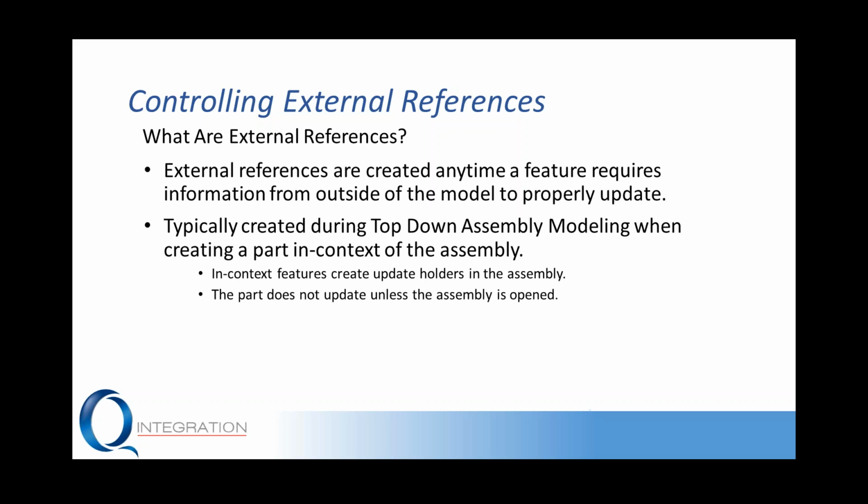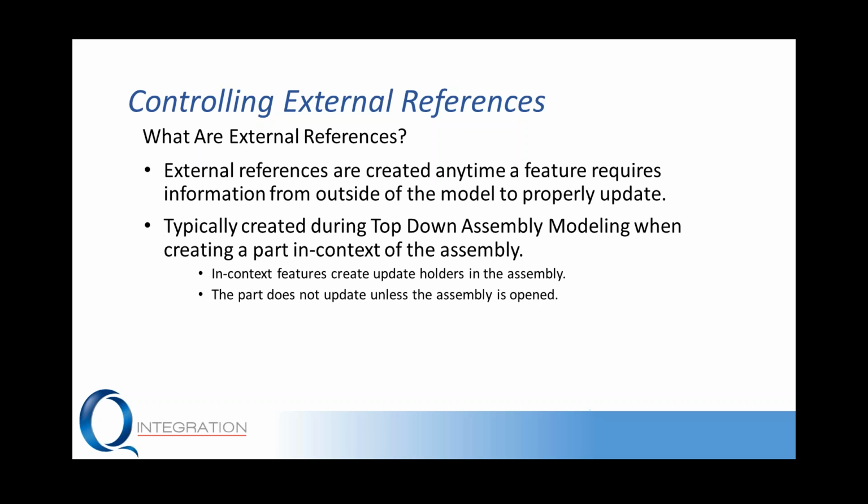So the size, the position, the shape of these parts are based off of other parts or other components in the assembly. And by adding these references, we're creating these in-context features. And in turn, that's creating update holders in the assembly. And we'll talk about that a little bit later.